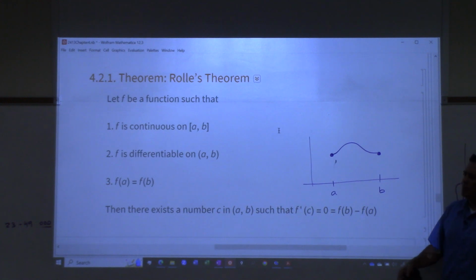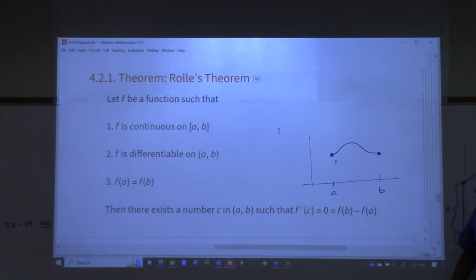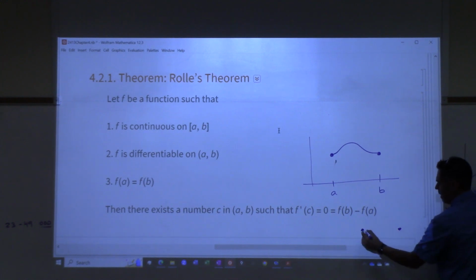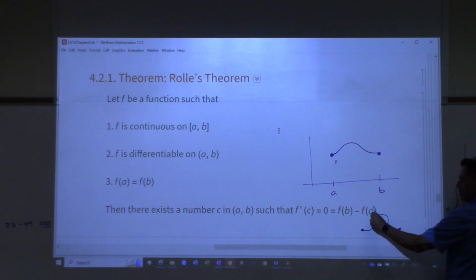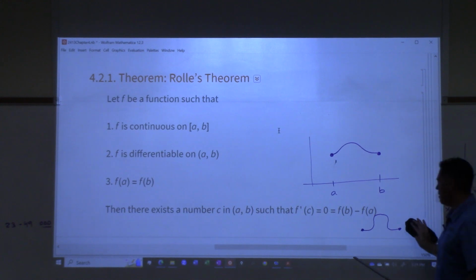So assuming that it has to be continuous, we just got to make sure there's no cusps, corners, or vertical tangents. This would be a vertical tangent, which would cause a problem with this theorem. It's going to be hard to draw. Something like, see how the tangent line goes vertical here? That would be a problem. This theorem would not apply.